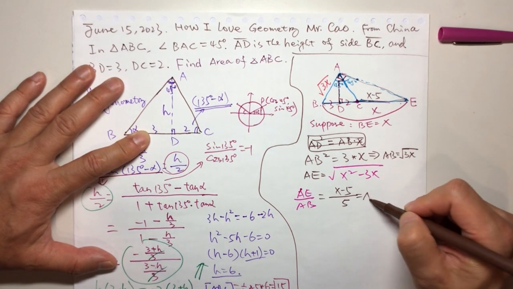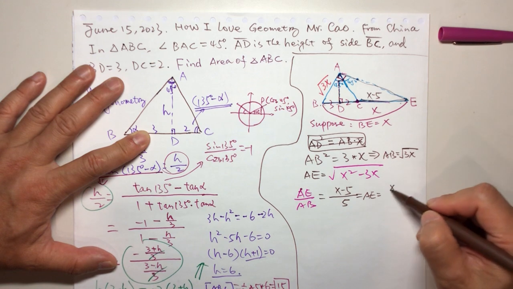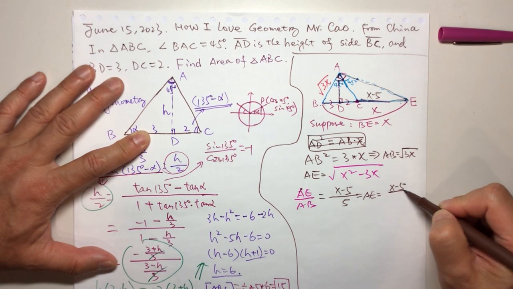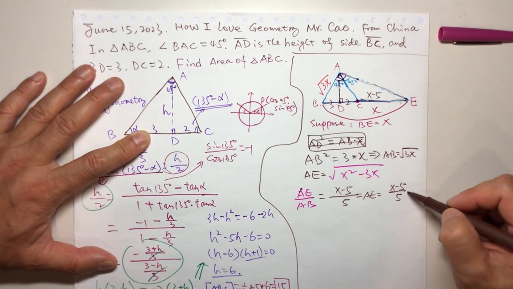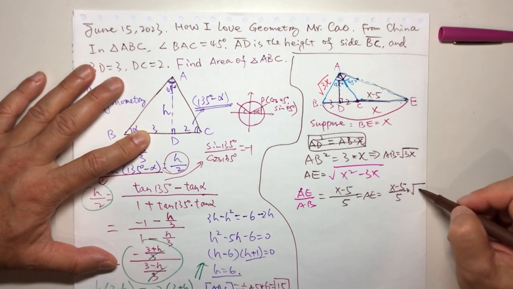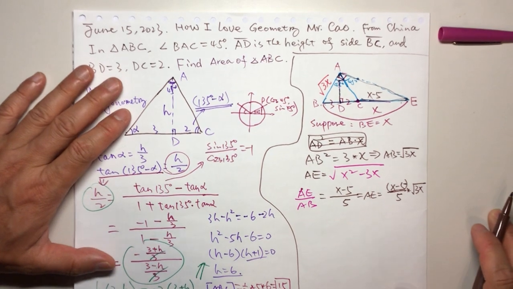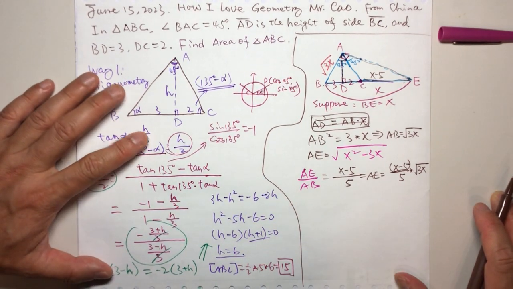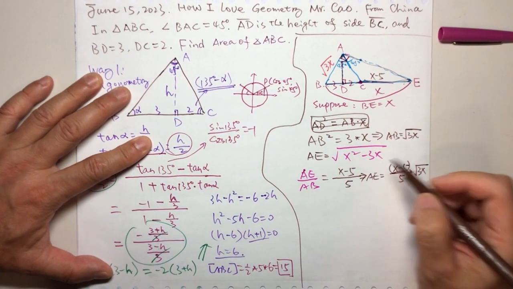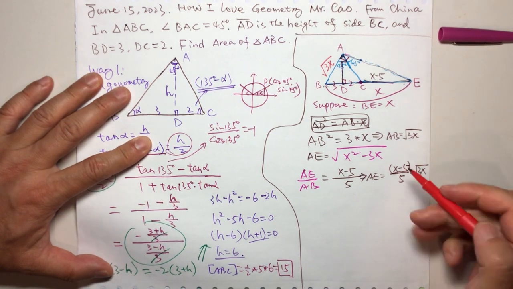So we can get AE equals x minus 5 over 5 times AB. AB is the square root of 3x, right?